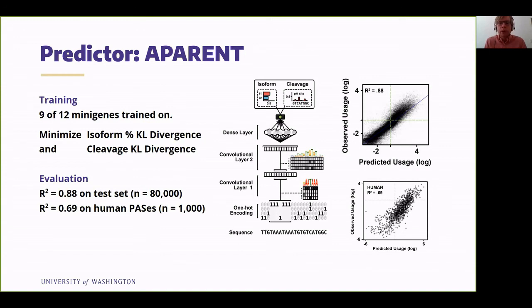One important check is to see, does this network generalize to human native poly-A signals? To that end, we took roughly 1,000 native human poly-A signals from the genome and put them in our plasmid reporter assay in order to measure their isoform proportion. And as you can see, the predicted isoform proportions of this APARENT predictor correlate really well with the observed usages without retraining or fine-tuning the model.